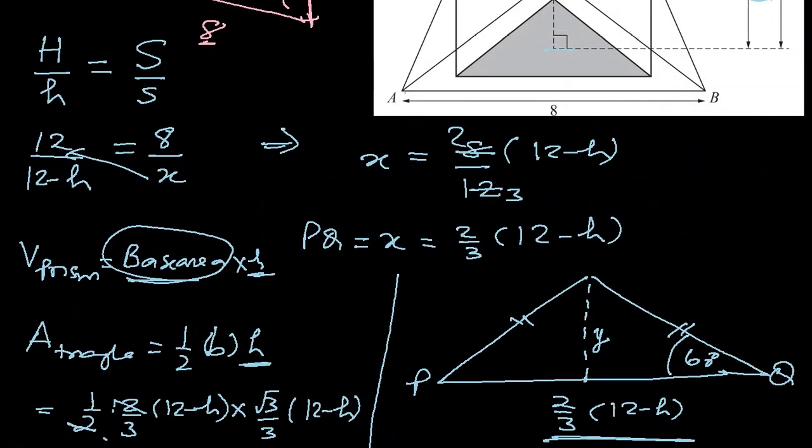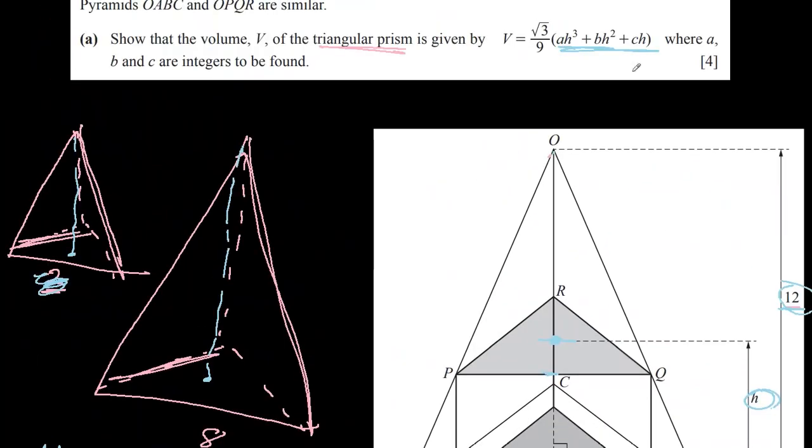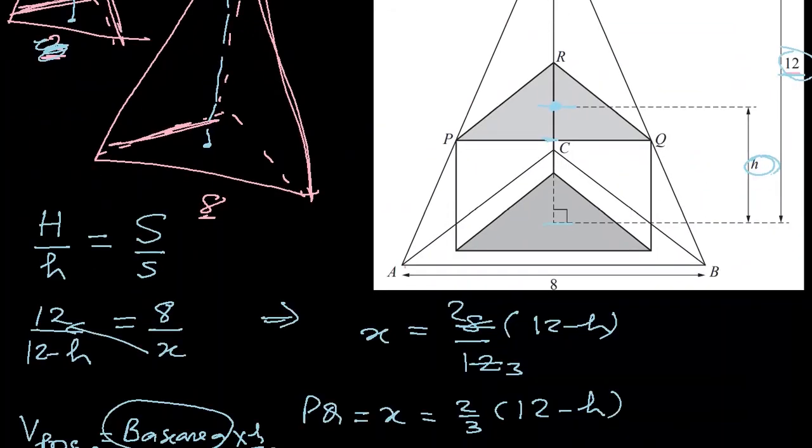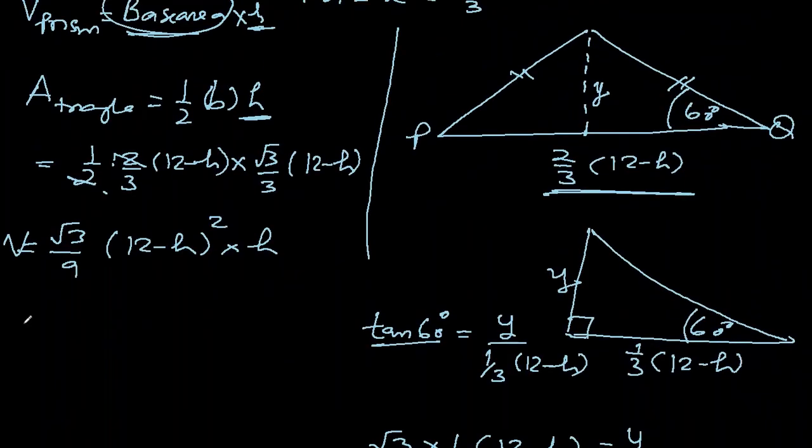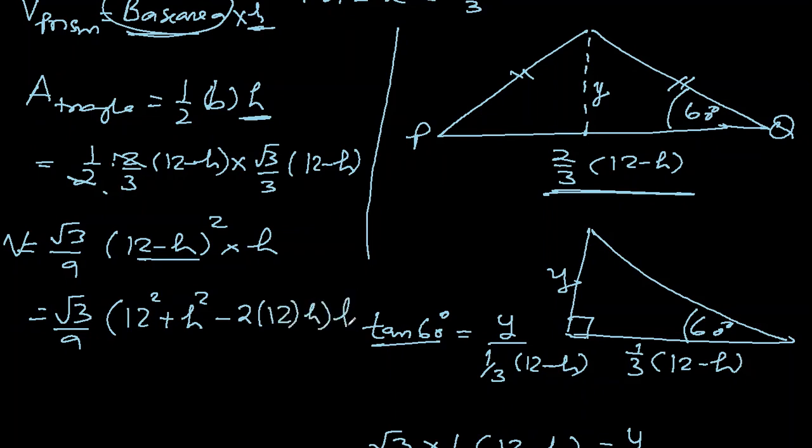But they want it in the format of a cubic polynomial, right? Square root 3 over 9 we got. This is the quadratic they want, and they don't want h outside, they want it multiplied. So we can write it now: square root 3 over 9, and expand this, a minus b whole square, a squared plus b squared minus 2ab, and there is h outside.